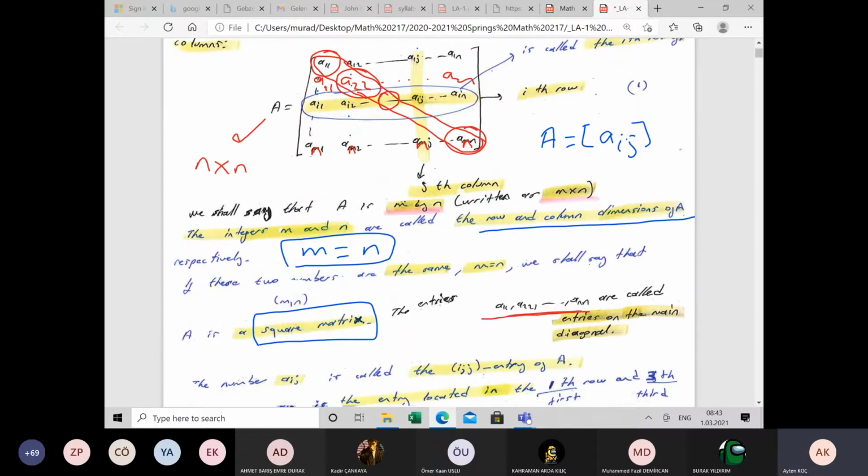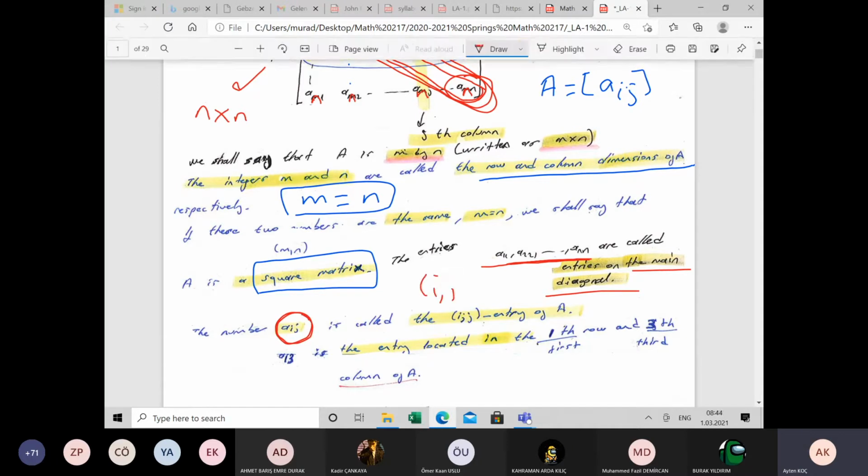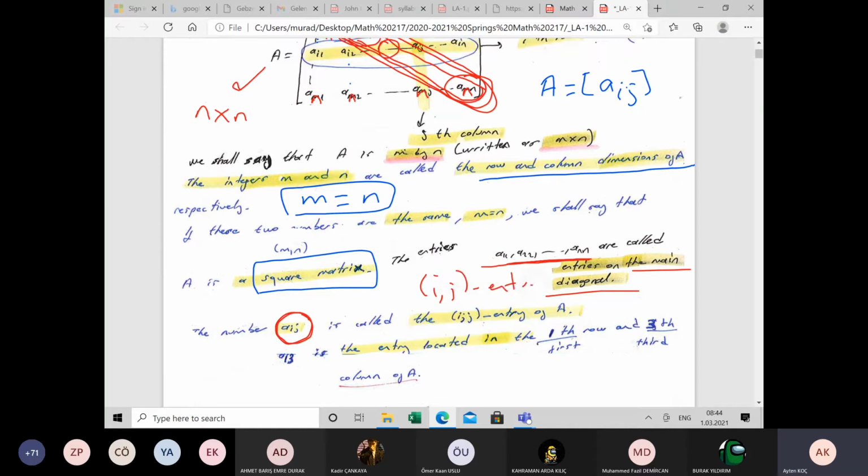These entries are called the main diagonal of A. Main diagonal entries: a sub 1,1, a sub 2,2, up to a sub n,n. This entry is denoted by the ij entry of matrix A.